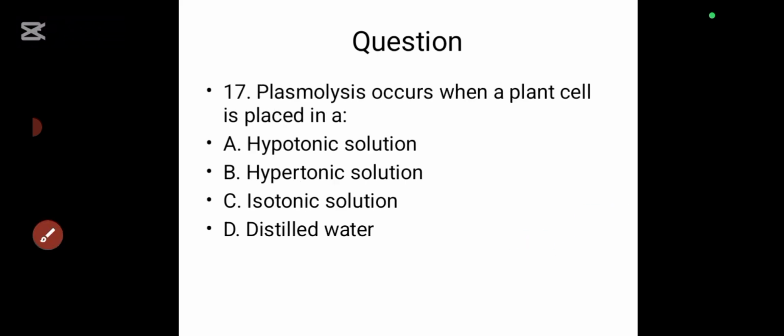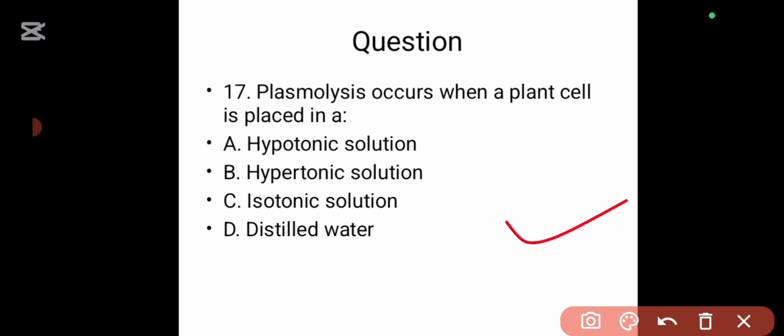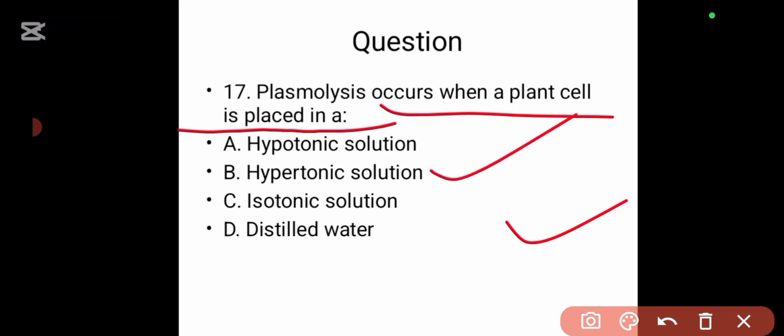Okay, plasmolysis occurs when a plant cell is placed in a hypertonic solution, so it will lose water, right?